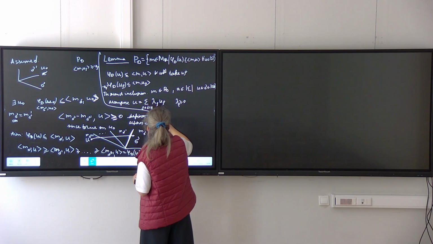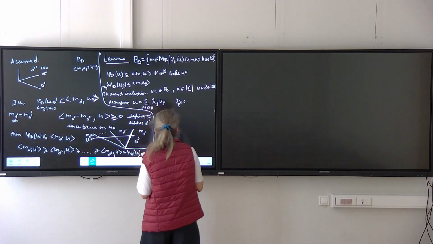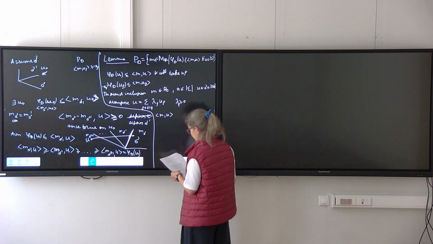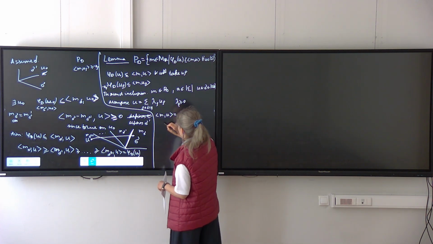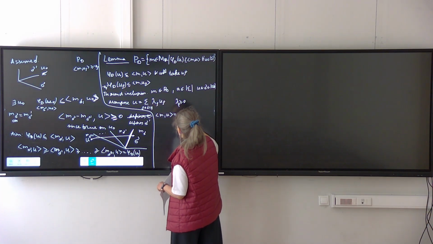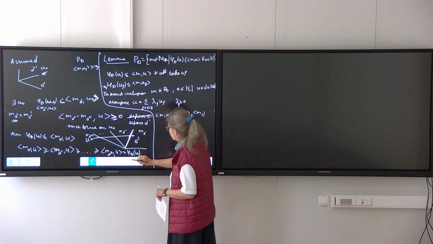What is now the scalar product of m and u? We can decompose this first. u is decomposed in this way, so it is the sum over rho of lambda rho times the scalar product of m and u rho.